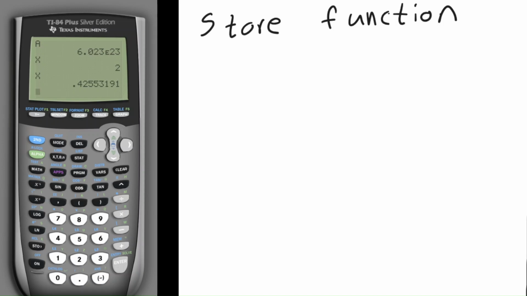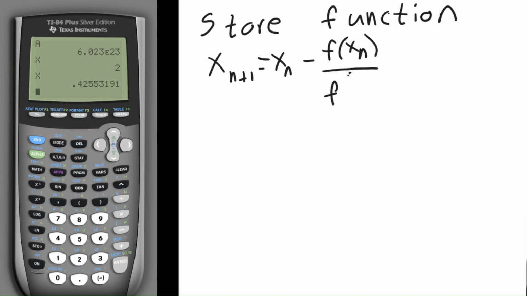Now, Newton's method says that if I want to calculate a zero, x_(n+1) equals x_n minus f of x_n over f prime of x_n. You don't really have to know this. Say we have a function y equals e to the x minus 1, and we want to find its zeros. That's where this would apply.